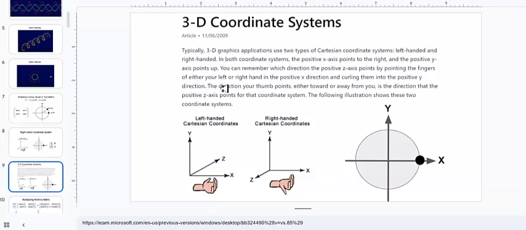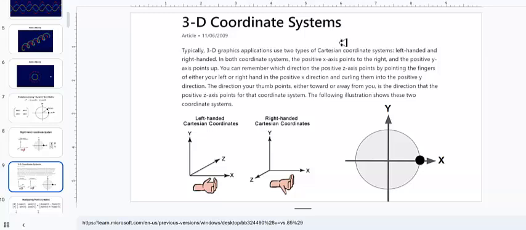The direction of your thumb points either towards you in the right-handed coordinate system or away from you in the left-handed coordinate system. Okay, so you can see that right here. So when you're doing computer graphics, it's very important that you get your coordinate systems right.